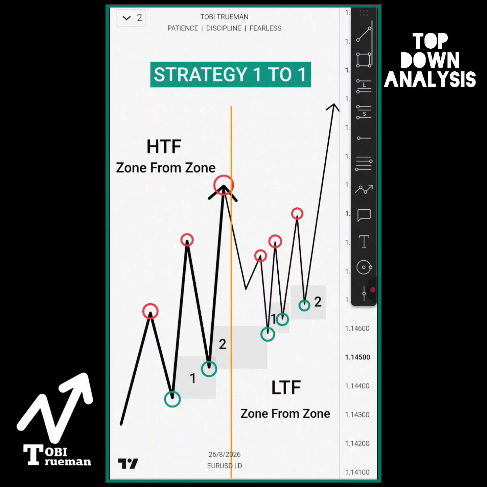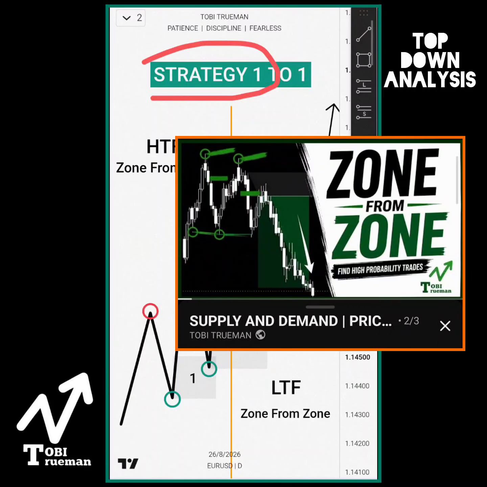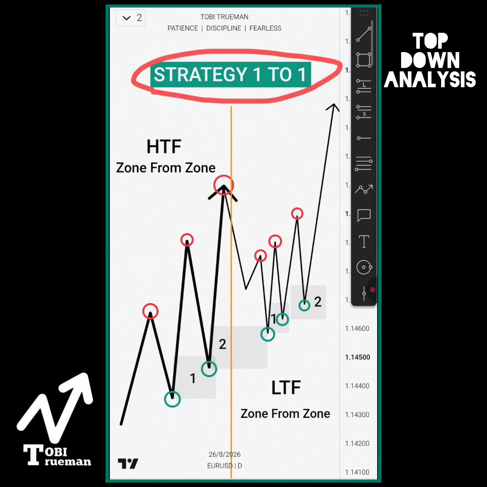We can expect to enter this market on zone 2, just like we have learned from the strategy 1 video on this channel. If you have not watched that, please go and watch it over and over again to understand what I'm saying. Now this is what we can call zone from zone, strategy 1 to 1, top-down analysis, because we are looking from the higher time frame, then we're looking also from the lower time frame.